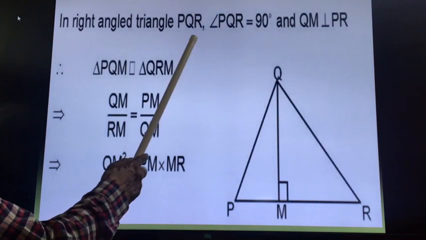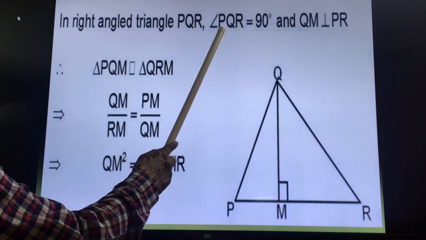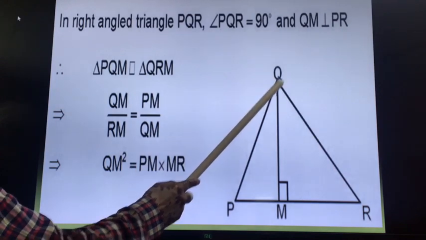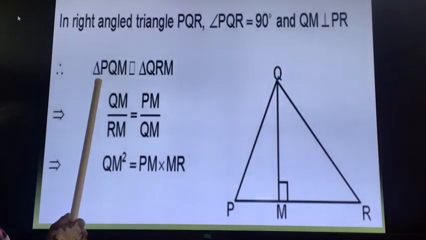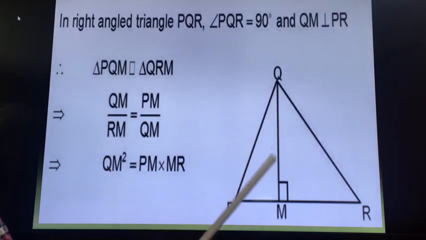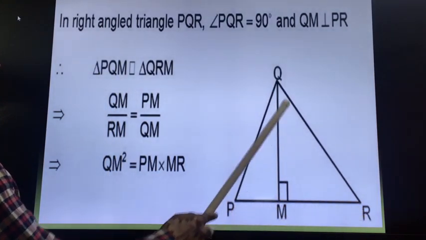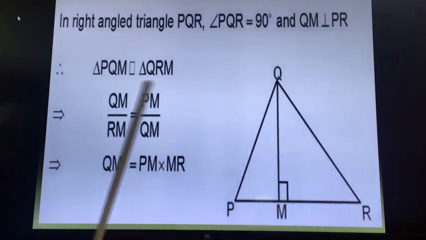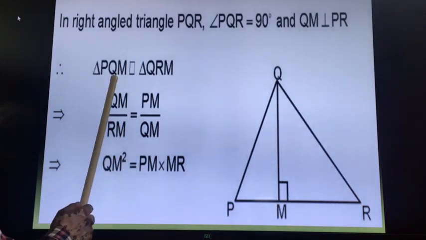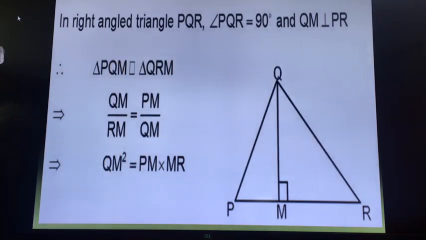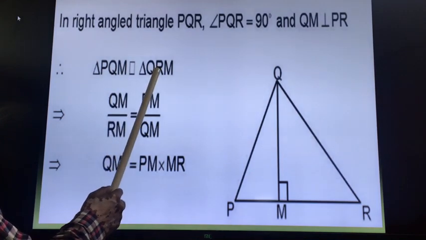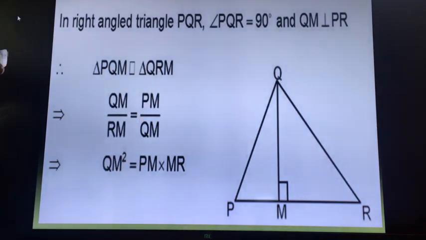After that, PQR is 90 degree and QM is perpendicular to PR. So we will take triangle PQM and triangle QRM. In these two triangles, we can prove them similar by angle corollary, and if two triangles are similar, then the sides are proportional.